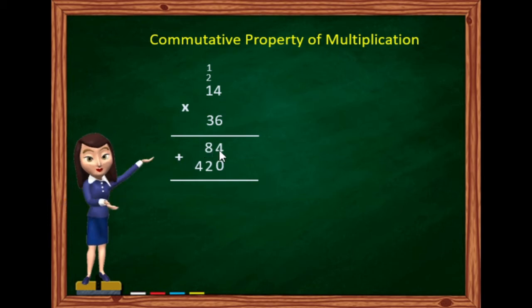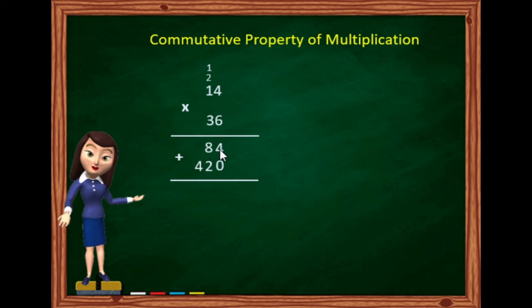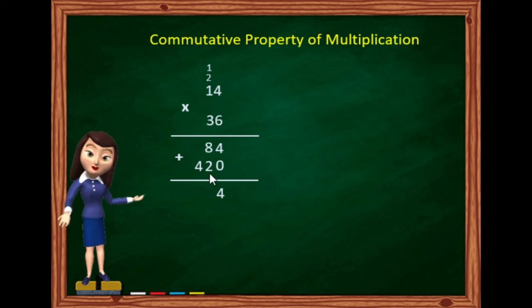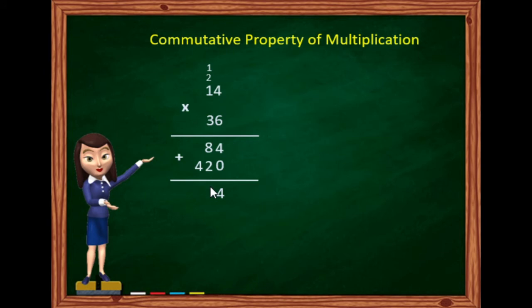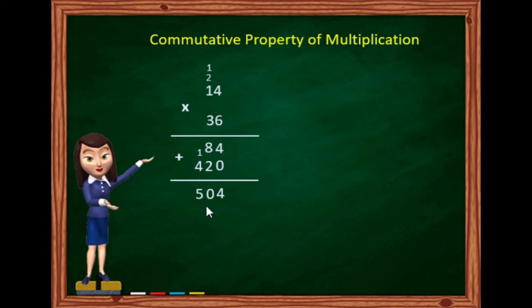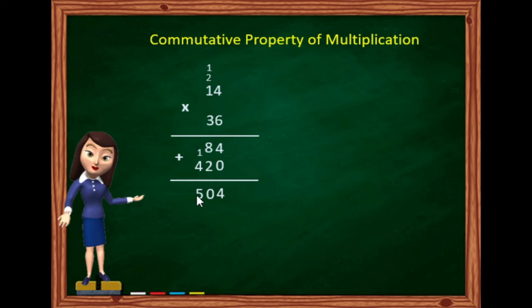Add beginning with the rightmost place again. 4 plus 0 equals 4. 8 plus 2 equals 10. Bring down 0, carry 1. 1 plus 4 equals 5. So our final product is 504.